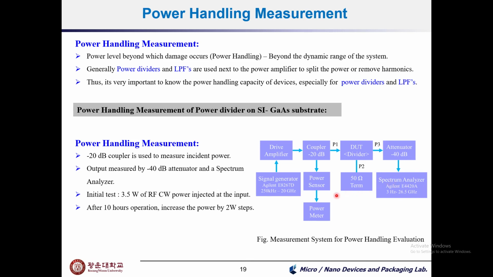The initial test was carried out with 3.5 watt of continuous wave RF power injected at the input, and then after 10 hours of continuous operation, the power was increased by 2 watt at each step.